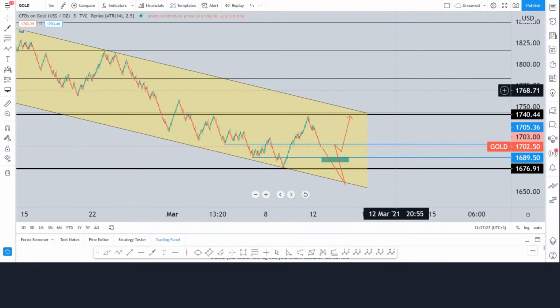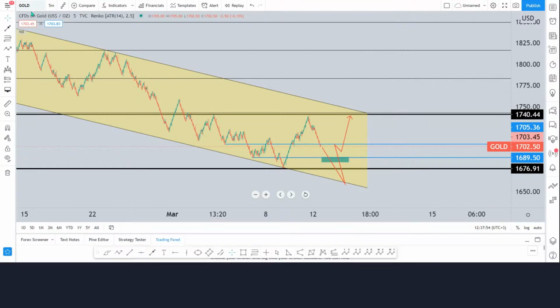Okay, guys, we have now the gold chart. So is the gold in an upward channel or a downward channel? The gold is in a downward channel. As you see, we have the resistance and the support line, the black ones, the up and the down, as you see drawn in the figure.